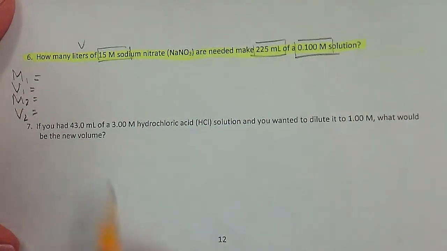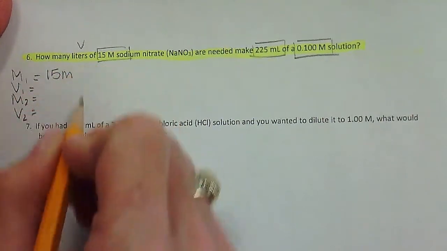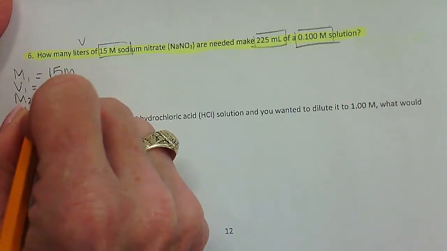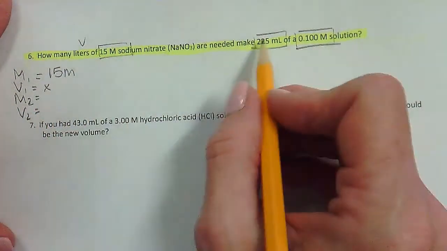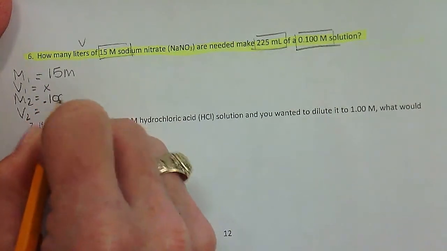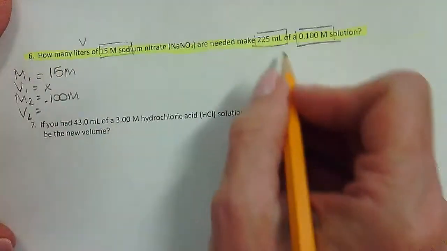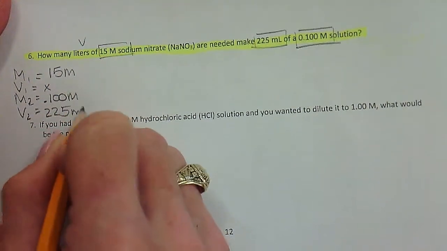My initial molarity, 15 molar. My initial volume is, again, my X, just so happens, picked it randomly. M2, 0.100 molar, and my V2, 225 milliliters.